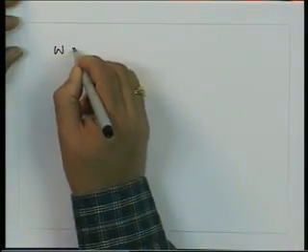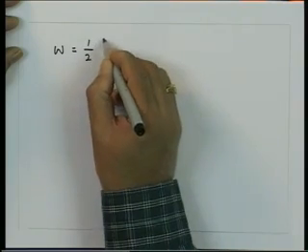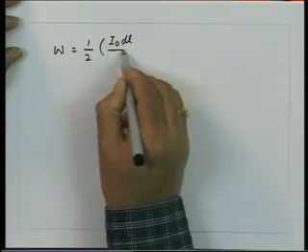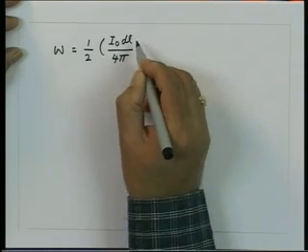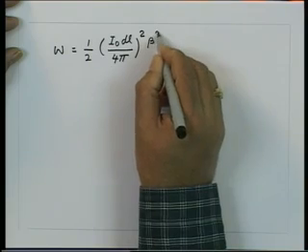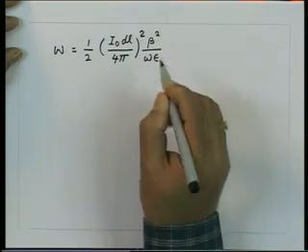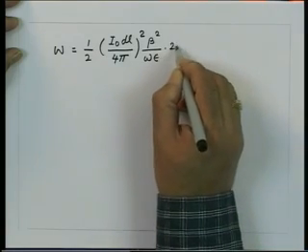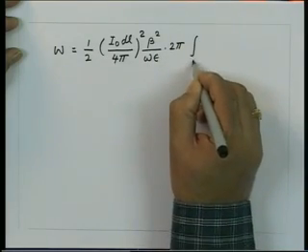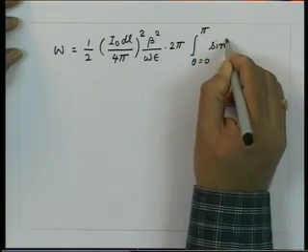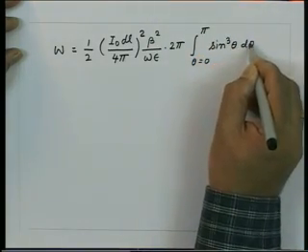So, the power radiated W will be equal to half, I 0 dl upon 4 pi, whole square, beta square upon omega epsilon. Integral over phi will give me 2 pi, integral theta equal to 0 to pi sin cube theta d theta.